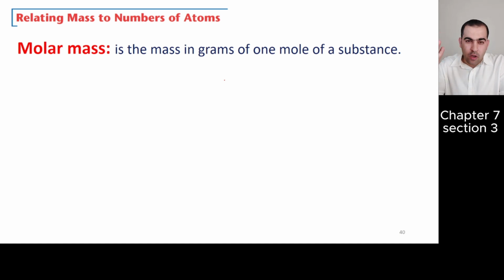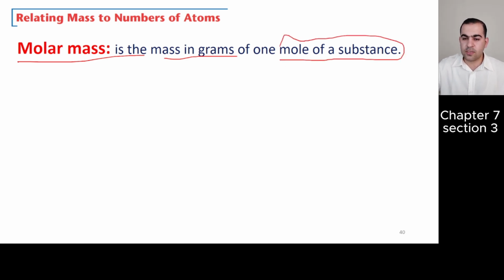When you say 1 mole of water, you understand that we're talking about 6.02 times 10 to the power 23 molecules of water, H2O. But what about the mass of 1 mole? The mass of 1 mole of any substance we call molar mass. Instead of saying the mass of 1 mole of something, we just say molar mass.